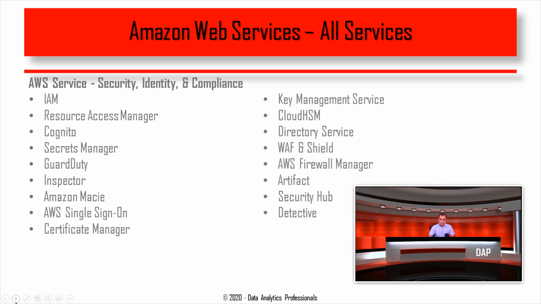I can quickly go through. Here is the section of security, identity, and compliance. If you see, we have IAM, which we are going to see how to use. And we have Resource Access Manager, Cognito, Secrets Manager, GuardDuty, Inspector, Amazon Macie, and so on.